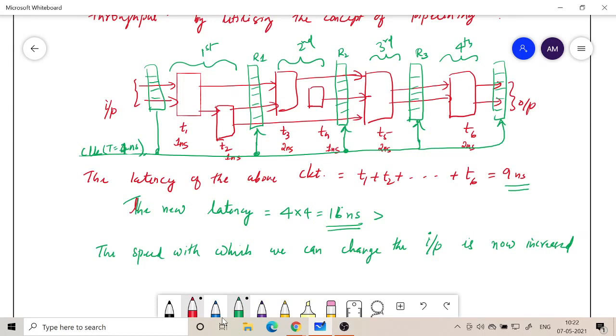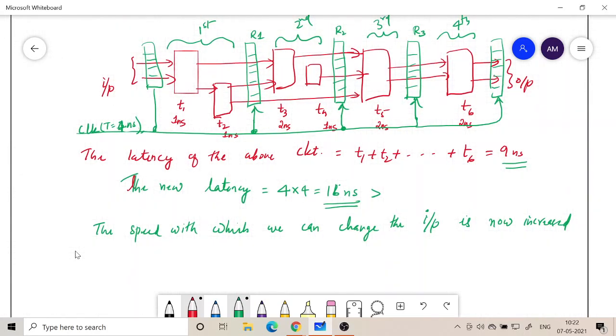Okay, because of the flip-flops or the registers that are latching the partial outputs, they will not be affected by the change in the input. Okay, that is what we refer to as throughput.